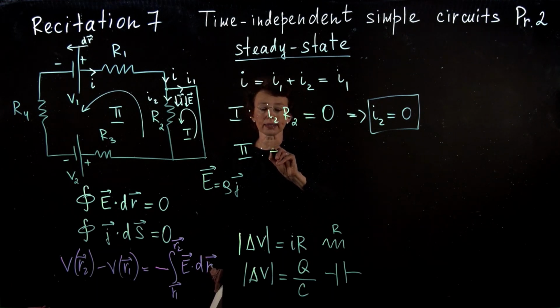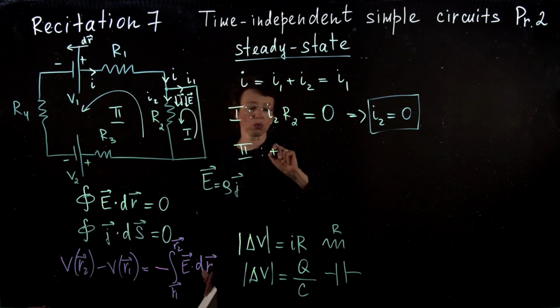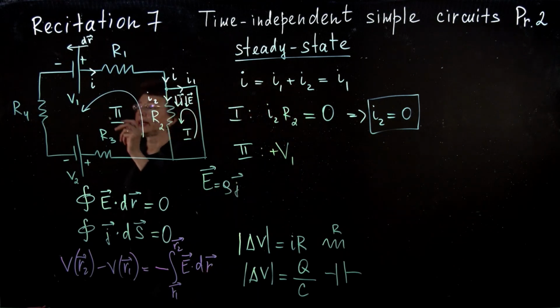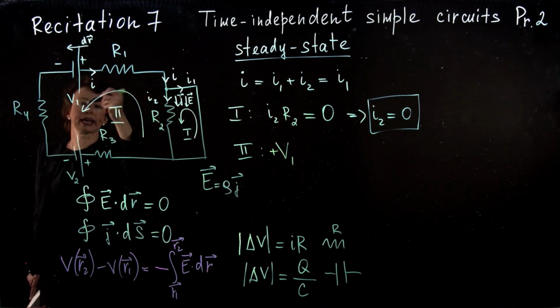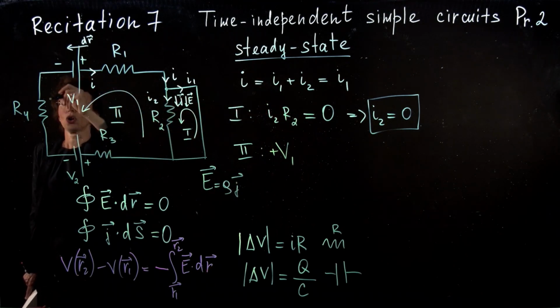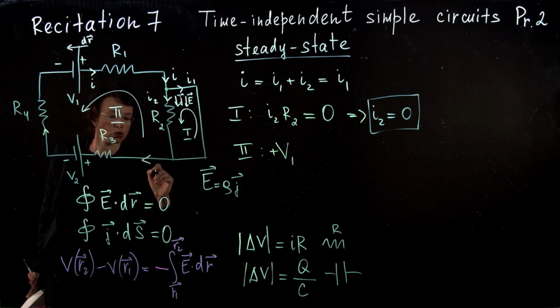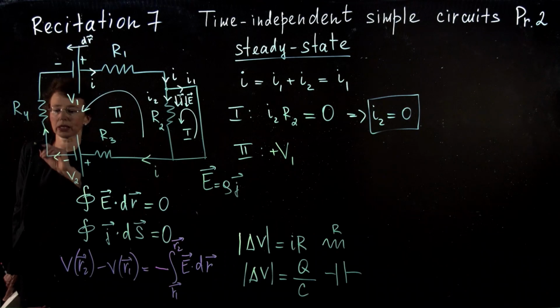Then we keep going in the counterclockwise direction. We come to this resistor. This is current I, we chose the direction of current, we stay with it.